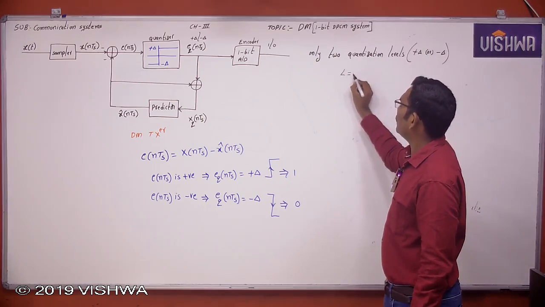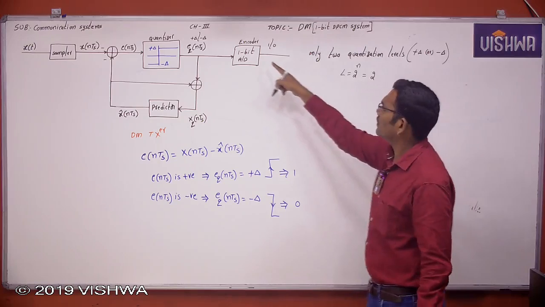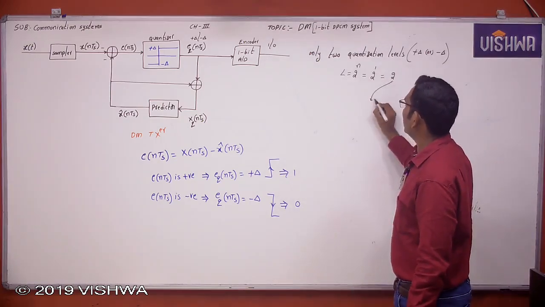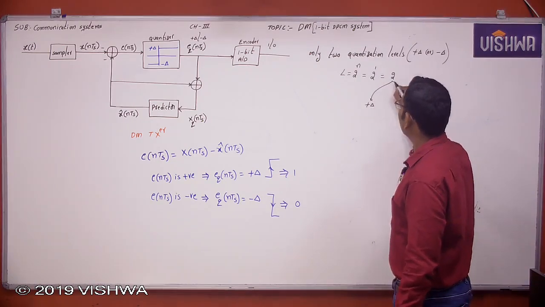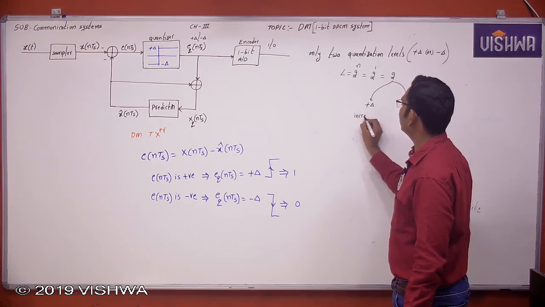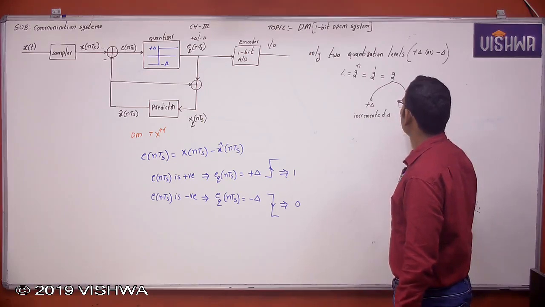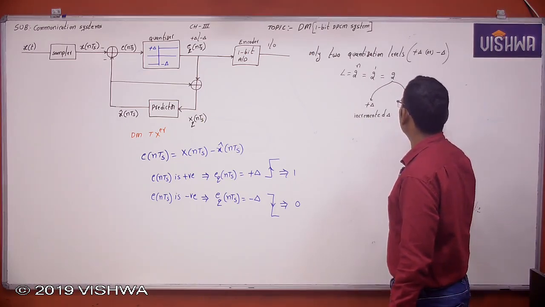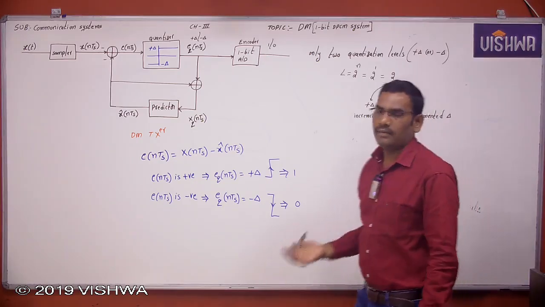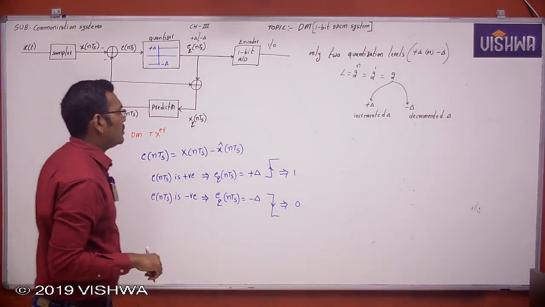Therefore, the number of quantization levels is equal to 2 power n, which is 2 power 1, which is 2. One is plus delta, another one is minus delta. One is incremented delta, another one is decremented delta. Only one level is incrementing, another one is decrementing. So these are the two quantization levels.